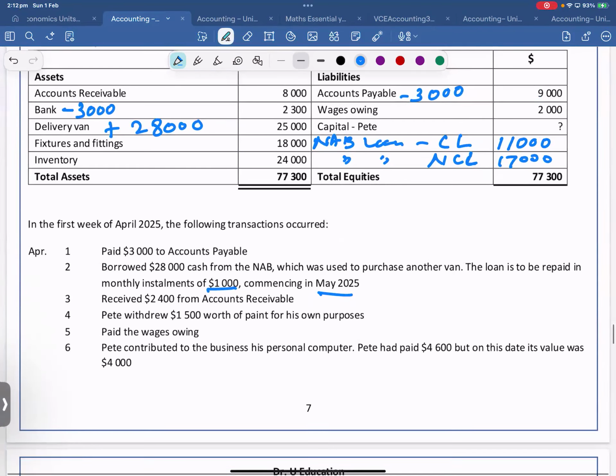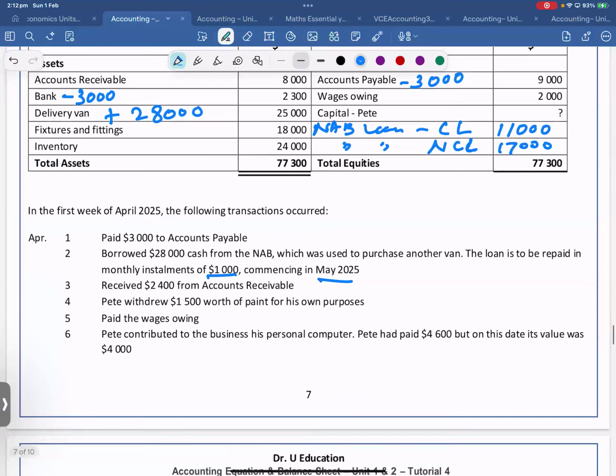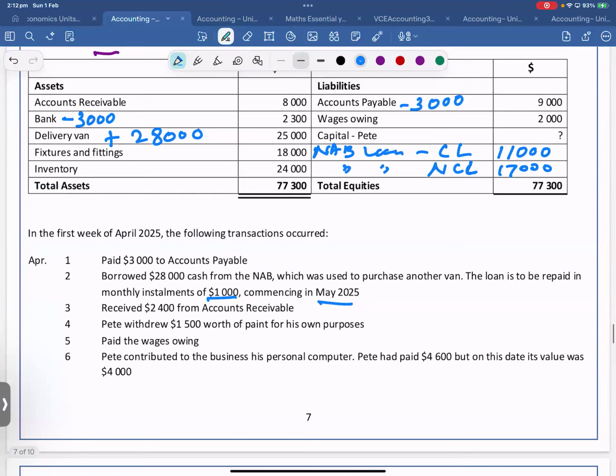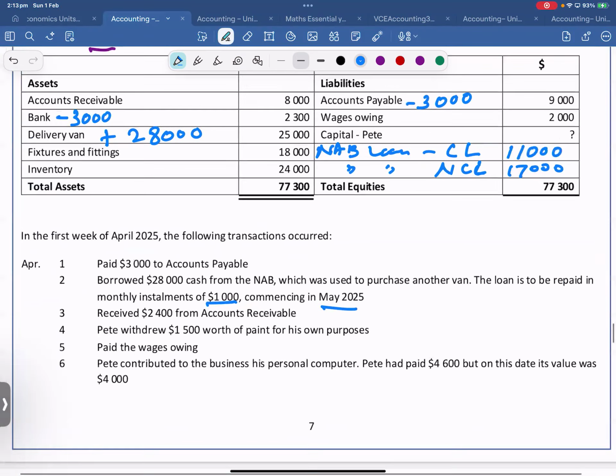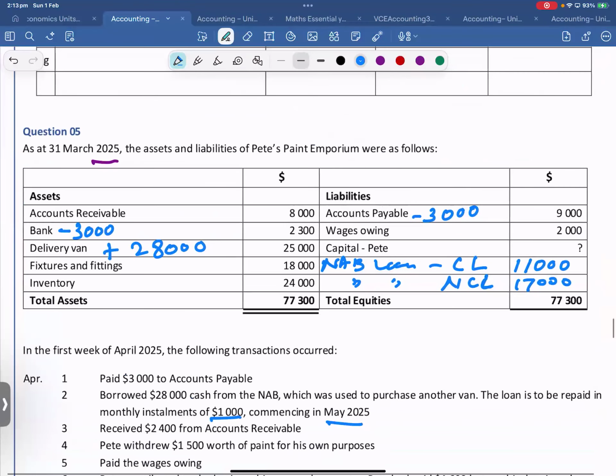Okay, so this one, Tanisha, the non-current liability will be 17,000. Okay, right, done. Now, another thing that you have to be careful here is, see, our assets increase by 28. Our liabilities also increase by 28.